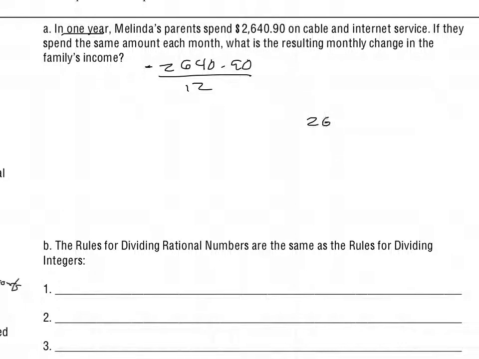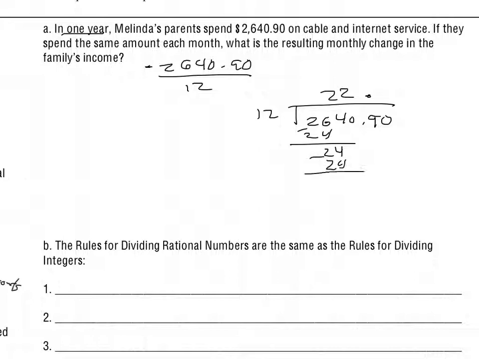So $2,640.90 divided by 12, and 2 times 12 is 24. That's going to be exactly 2, no remainder. Bring down the 0. Goes in 0 times. Bring down a 9. Goes in 0 times.